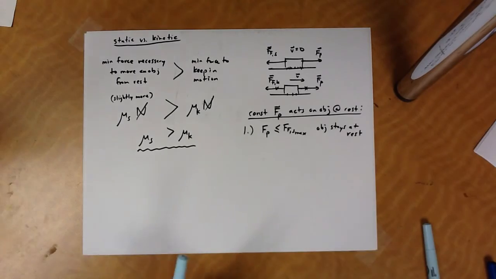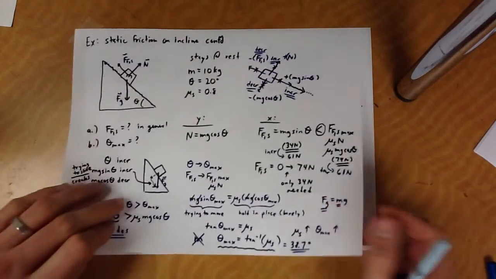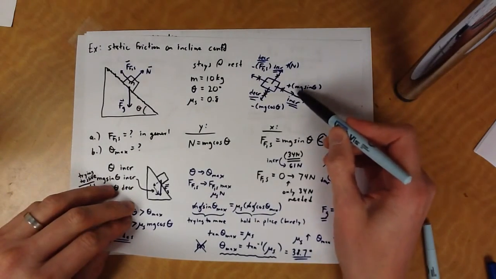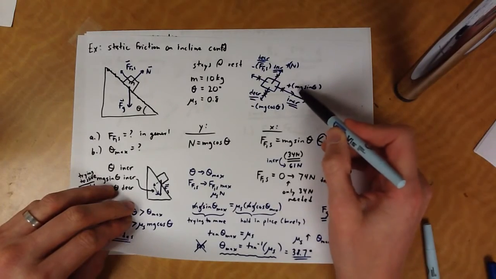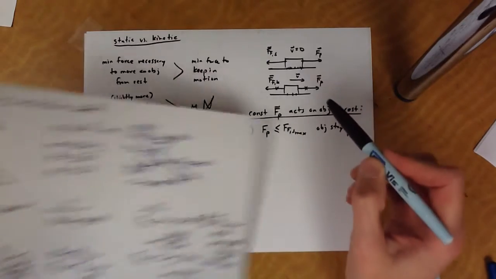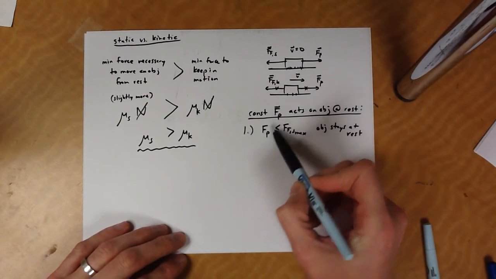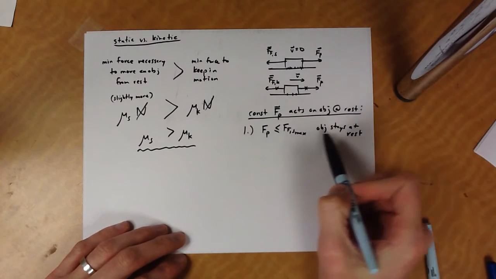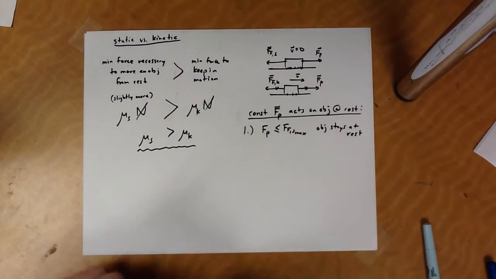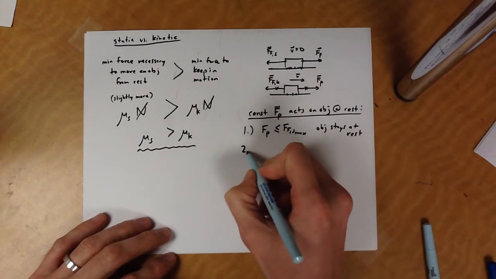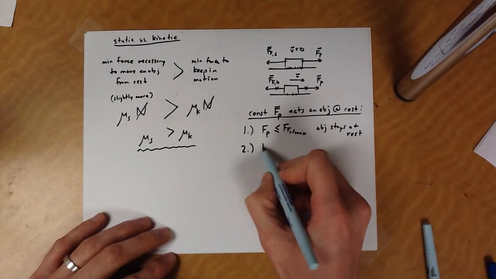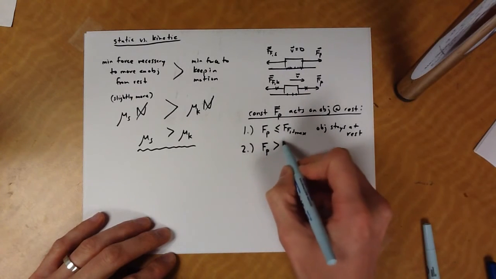In my last example, of course, the thing that played the role of getting the object going was not literally a push, but mg sine theta. So what I mean here is anything that could try to get the object to move. If that can't overcome static friction, then you won't move it, it'll stay at rest. The other possibility is that the pushing force is greater than that.